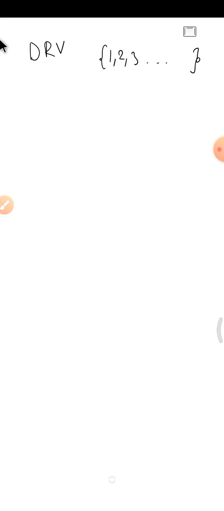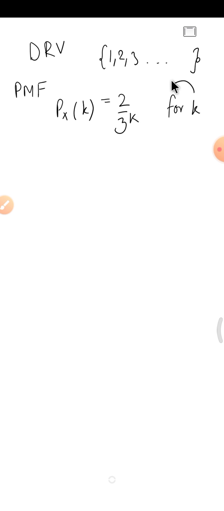The PMF is P of x with the random variable k, will be equal to (2/3) raised to power k, for k in this set. First of all, we will see if this PMF is valid or not.